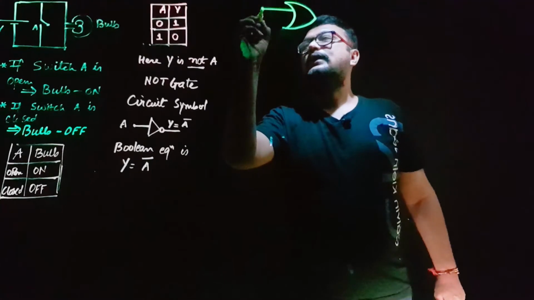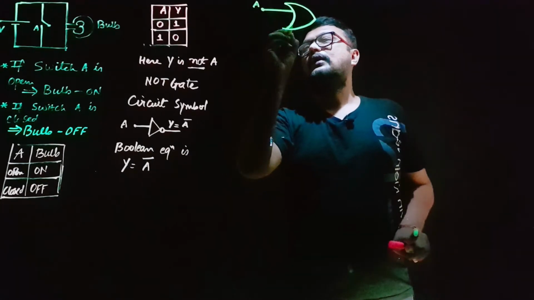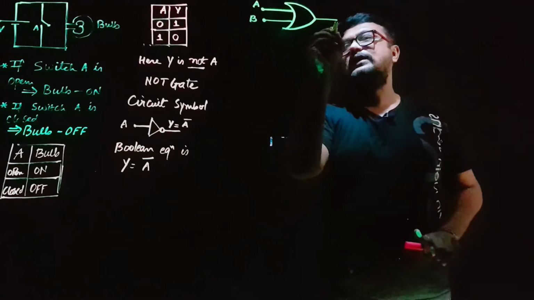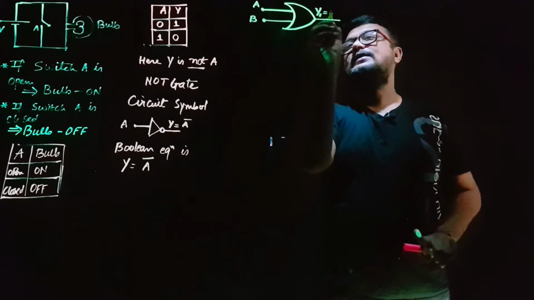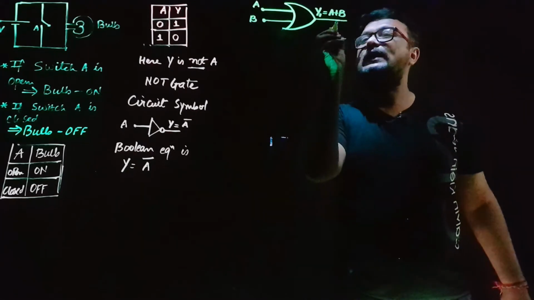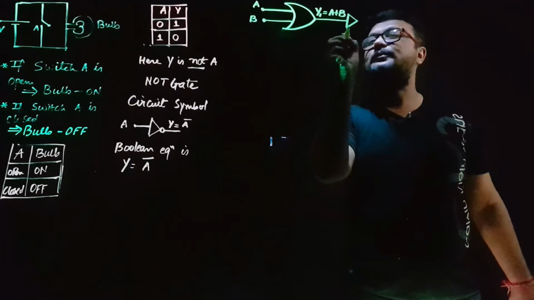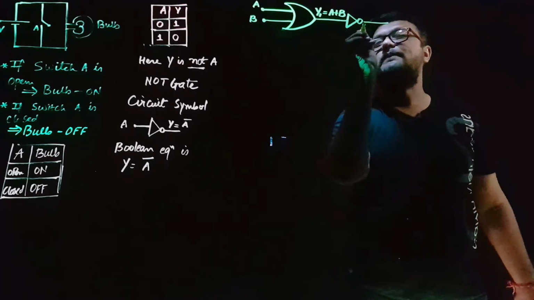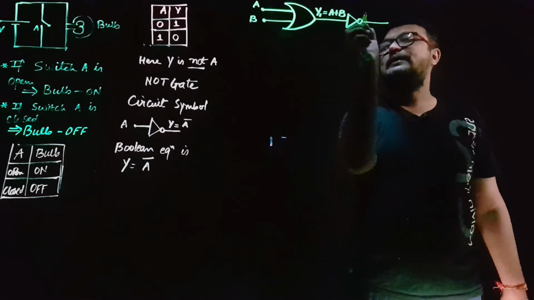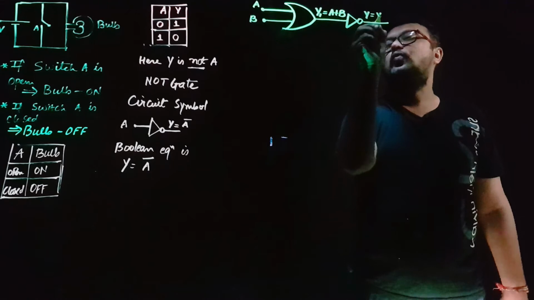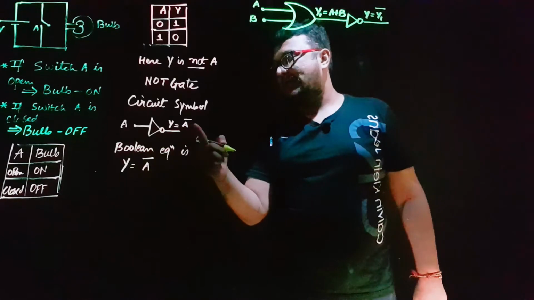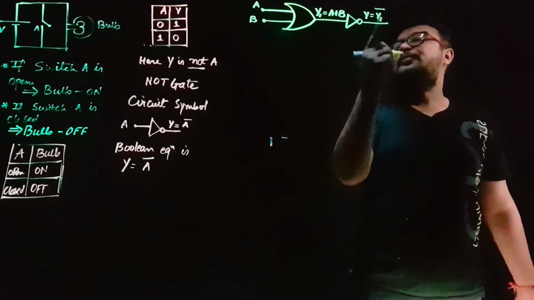Here we have input A and input B. The output of the OR gate, let me write, Y1 is equal to A or B. Now if this output of the OR gate is connected to a NOT gate, then you will get something like this: Y is equal to Y1 bar. Look, in the NOT gate, whatever is the input, the output is its bar. Input is A, so here you got A bar. Here input is Y1, so output will be Y1 bar.